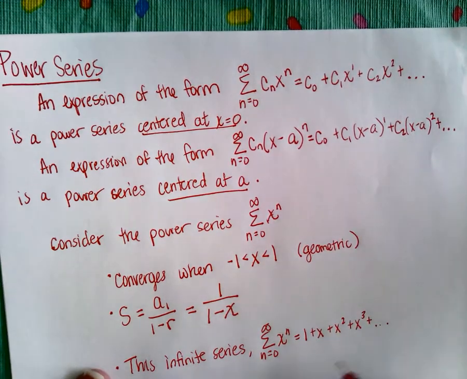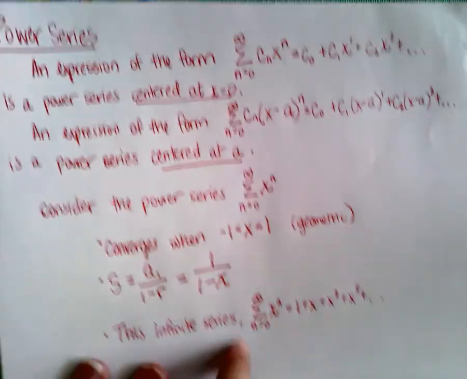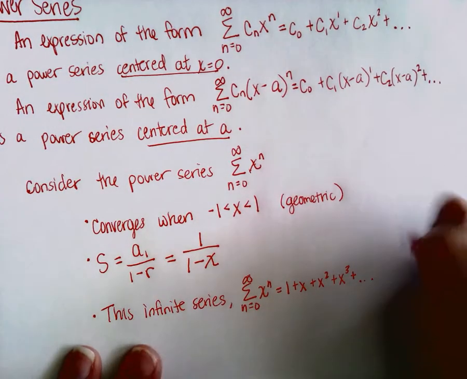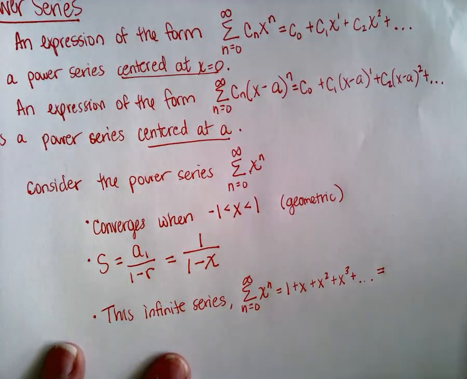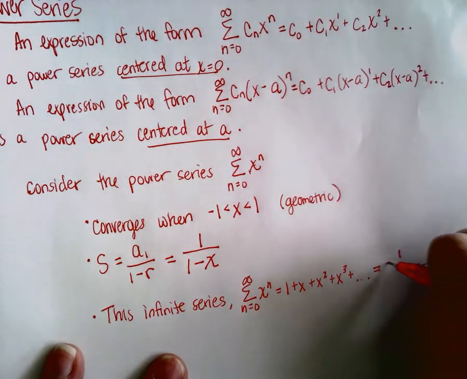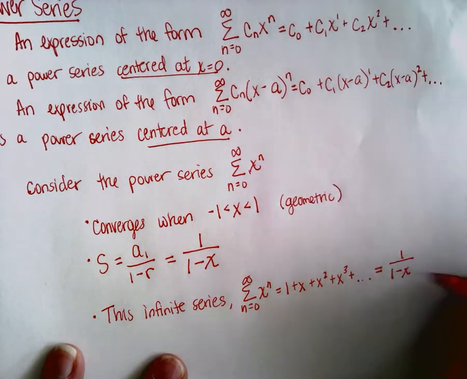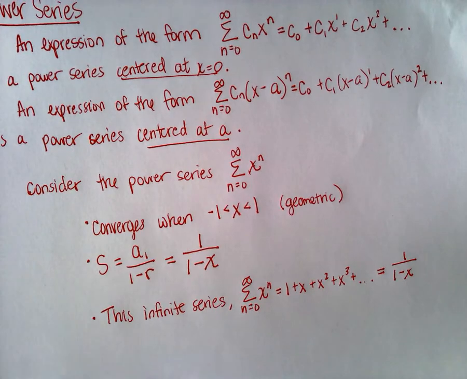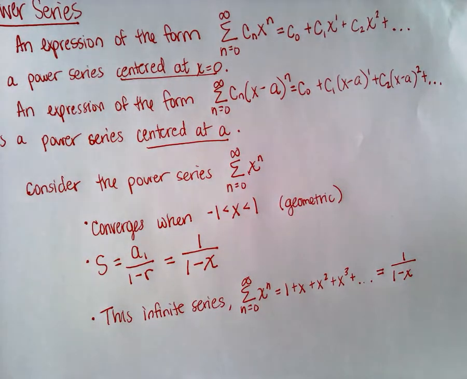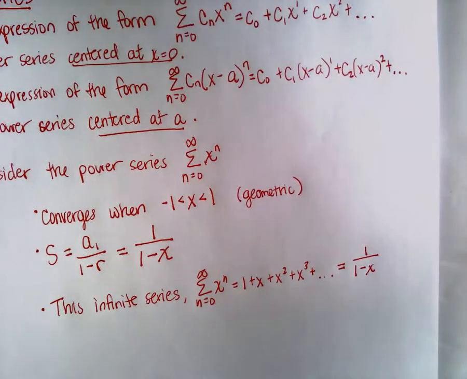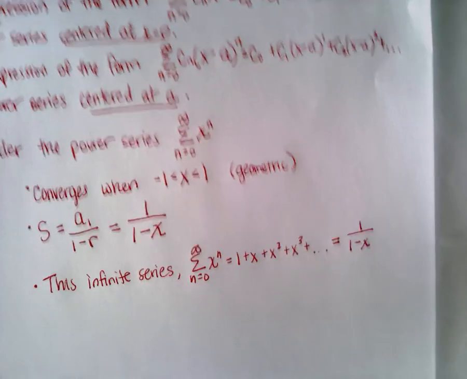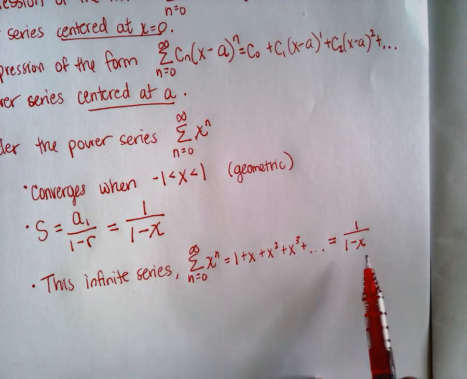This infinite series actually converges to, or equals, if you could do infinitely many terms, it would look the exact same as 1 over 1 minus x. That is kind of crazy. So what I'm going to do is show you that this is true, that this infinite series converges to 1 over 1 minus x, meaning the more terms you do, the closer it's going to be to 1 over 1 minus x.